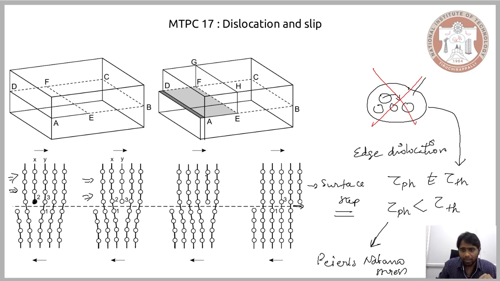Now, the reason why the physically observed stress is less than the theoretical stress when the plastic deformation is introduced by the dislocation, particularly the edge dislocation, is that the extra layer of atoms is already in an unstable position. Therefore you need a smaller amount of stress to move it to a neighboring or nearby stable position.